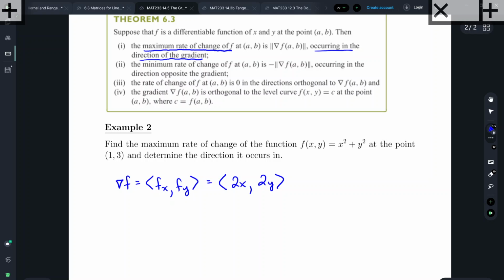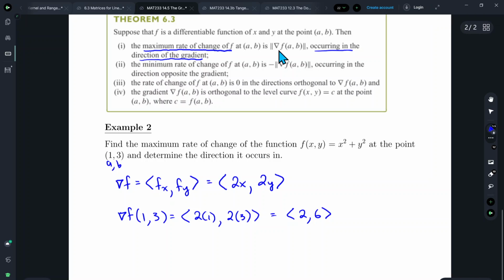So this is the gradient, and now we want to calculate the gradient at this point, my point (a, b). So the gradient evaluated at the point (1, 3): x is 1, so this is 2 times 1, and y is 3, so this is 2 times 3. So I get the vector (2, 6).